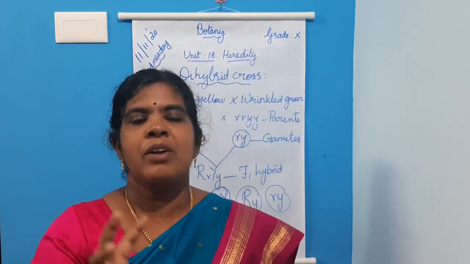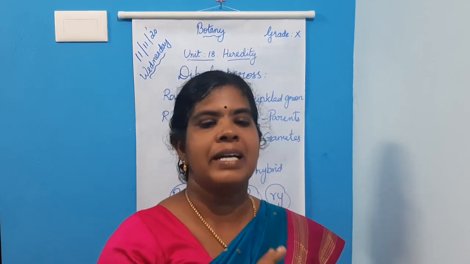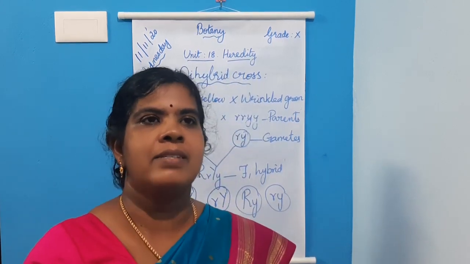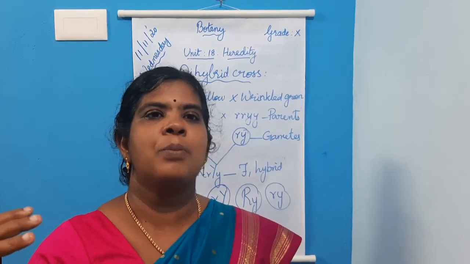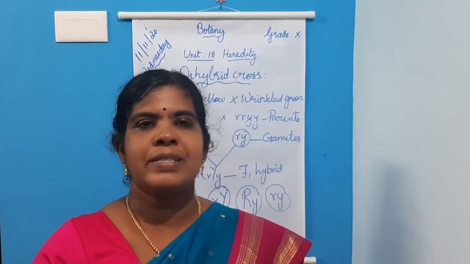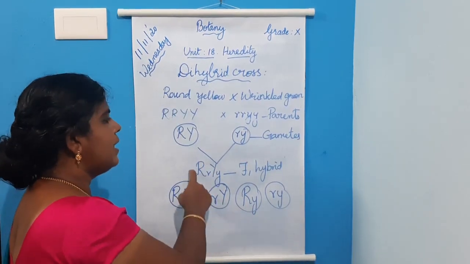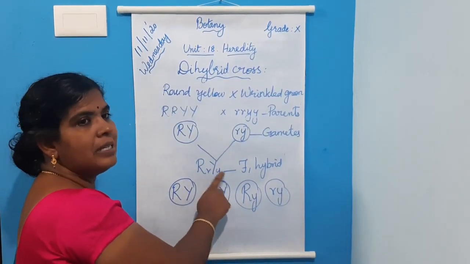Second law, law of segregation or law of purity of gametes. When a pair of contrasting characters or factors or alleles, otherwise called allelomorphs, are brought together in a heterozygote or hybrid. This is heterozygote or hybrid. Why is it impure?